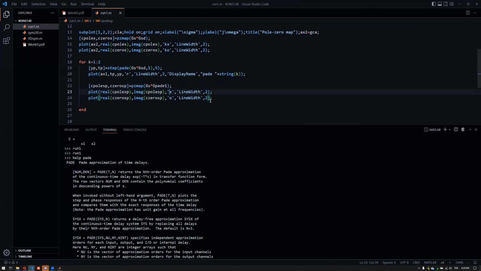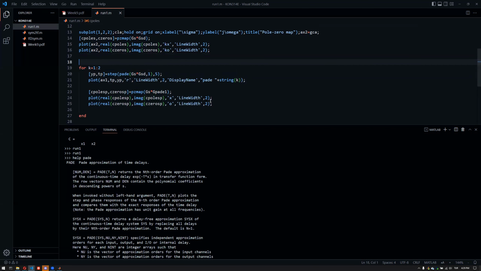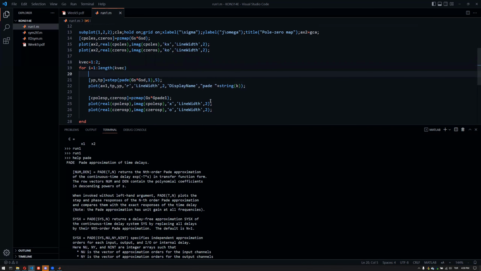Of course, I'm not going to give it some color, but then again, we might want to give it a color. Yeah, let's have a vector 1, 2. Let's have i from 1 to length k vec. And instead of using that, let's use kval, k vec i. Now the order will be kval. And of course, the string will also be kval.